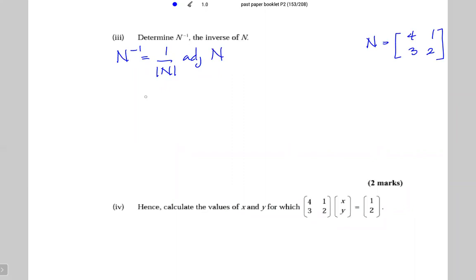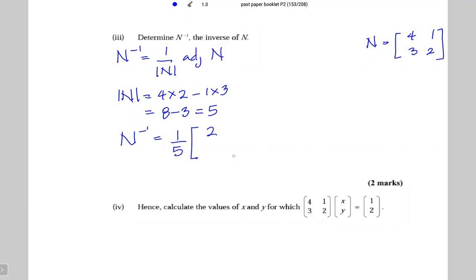So the determinant would be 4 times 2 minus 1 times 3, 8 minus 3, the determinant is 5. So N inverse is 1 over 5 times adjoint N, 2, 4.